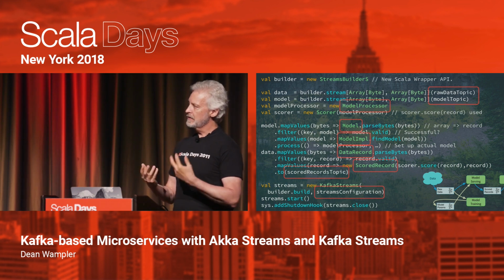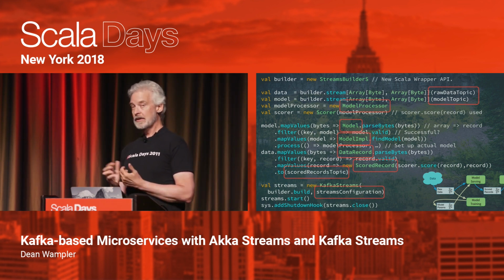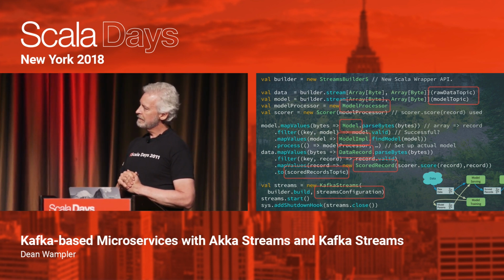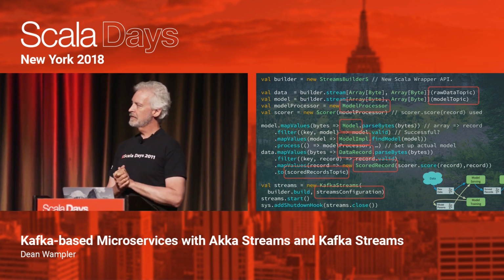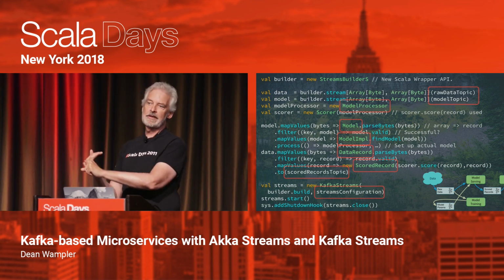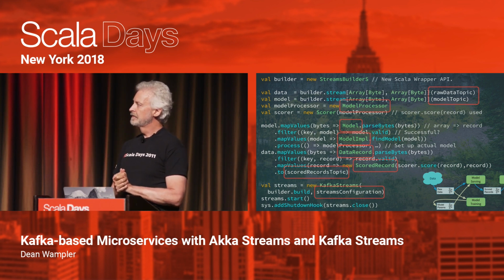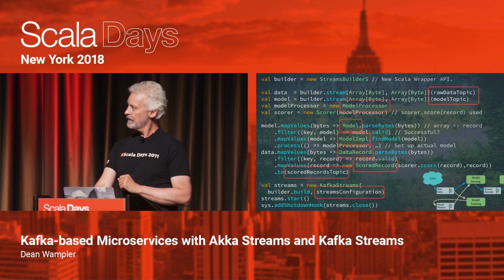And then scored records would just add whatever the score is. And then finally at the bottom in the red box is just some sort of configuration object that is required in Kafka Streams. It tells you things like, here's where you can find the brokers for Kafka. Those are the kind of the master processes. Here's the topics I want to use and so forth.